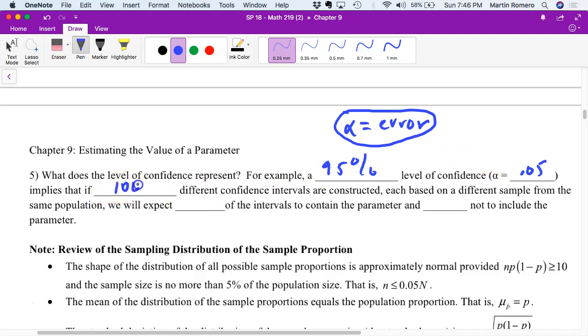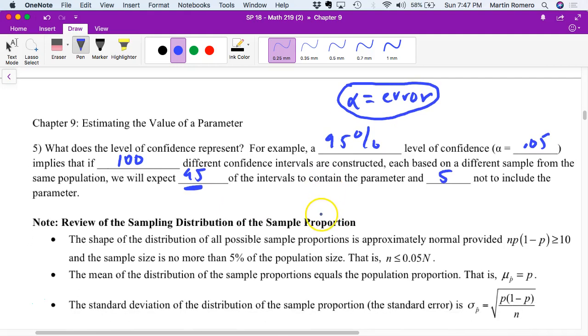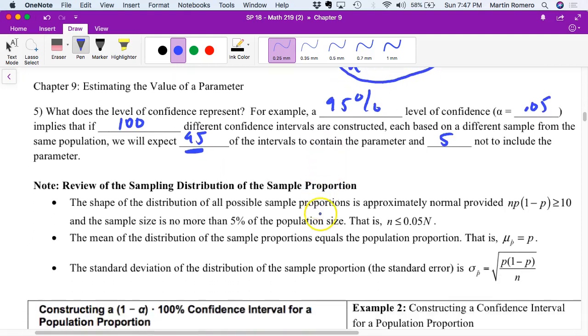Implies that if we did 100 different samples and created 100 different confidence intervals, we would expect 95 of those intervals to contain the parameter and 5 not to, meaning that 95 of the intervals would have the value for the population and 5 wouldn't. And so that's an important idea that we'll talk about when we do some problems here.